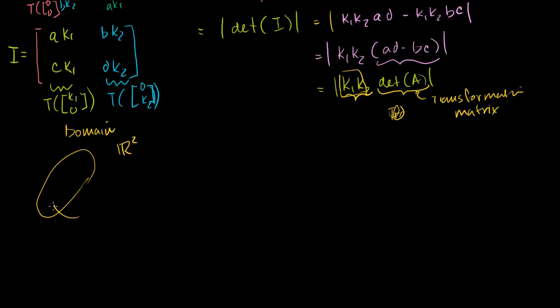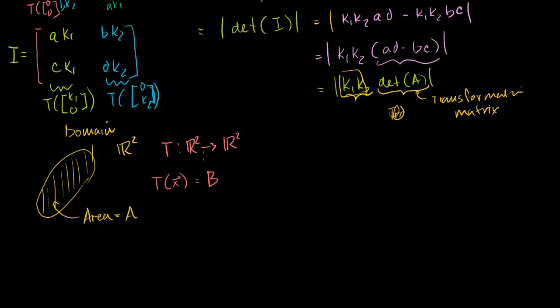And let's say that the area of this region right here is equal to A. And let's say I have some transformation, T, that is a mapping from R2 to R2. T applied to some vector x in my domain is equal to, well, I already used A, so let's say some matrix B times any vector in my domain.